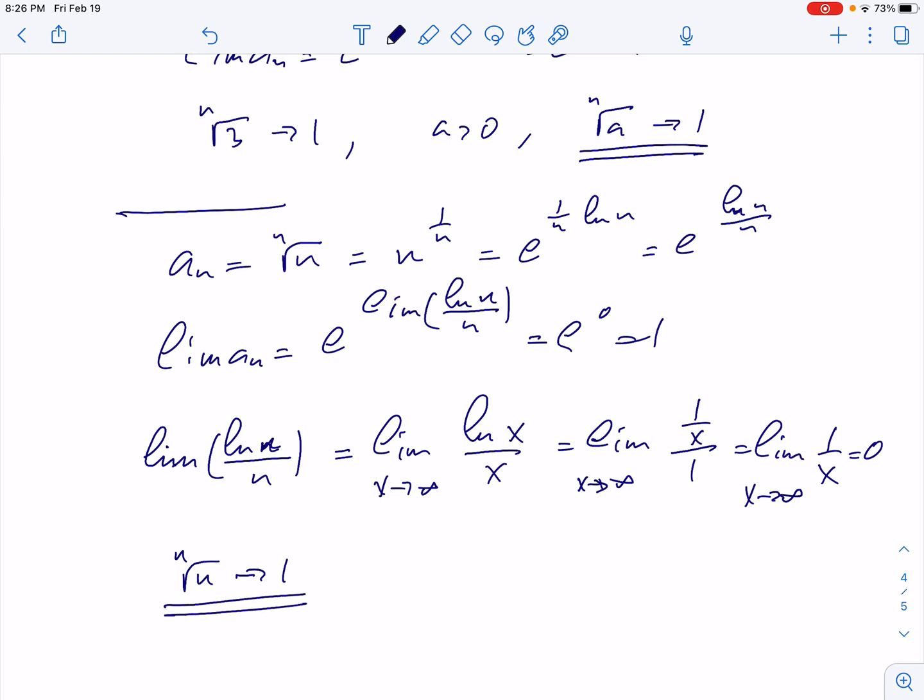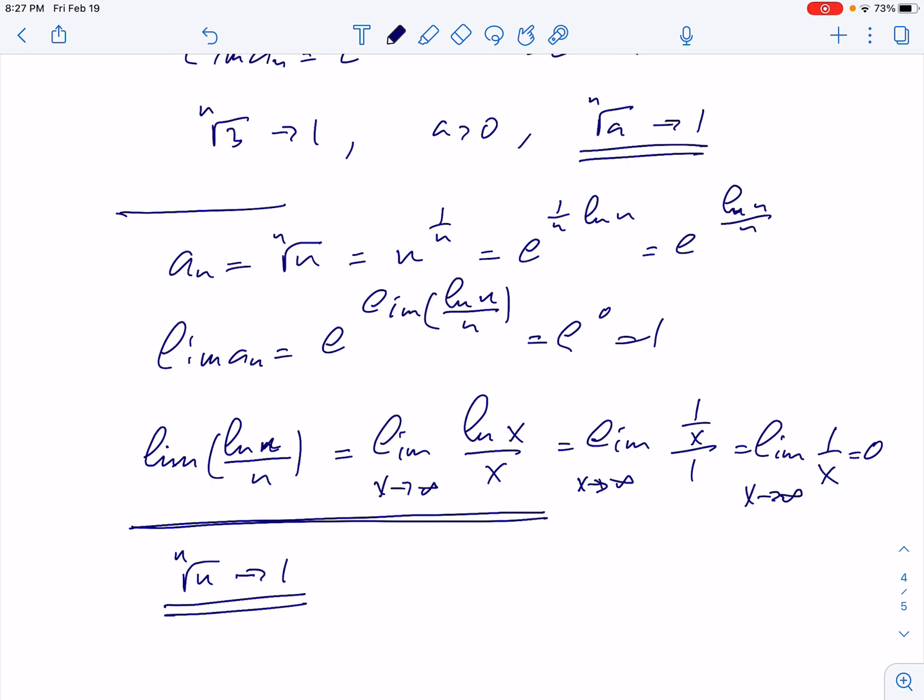Another interesting sequence which will be used later when we study the root test for series. Now, I want to make an important remark. Look at this computation here. I'm finding the limit of a sequence, then reducing to the limit of a function in order to use the rule of L'Hopital.